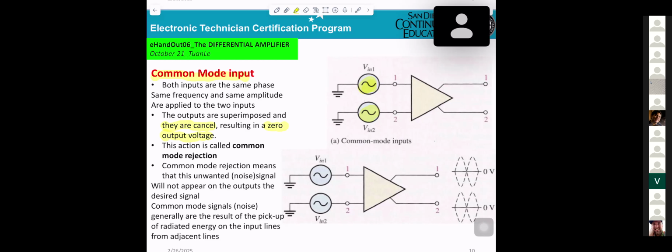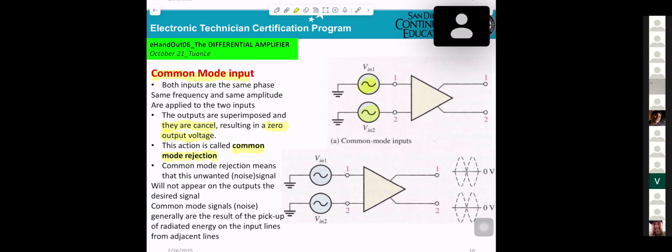That will be telling you one thing. Normally that deals with noise, that means the unwanted signal. At the input, the amplifier sees the identical signal and considers it to be noise, so that's why they cancel at the output. This action is called common mode rejection.